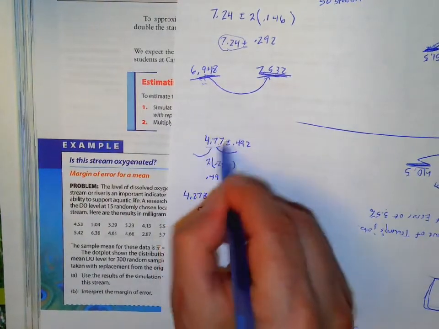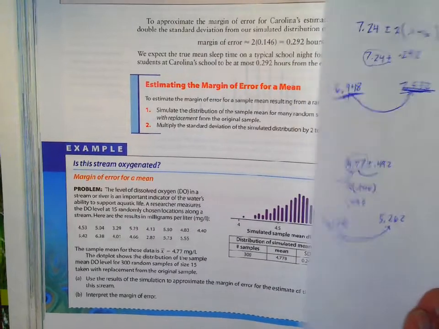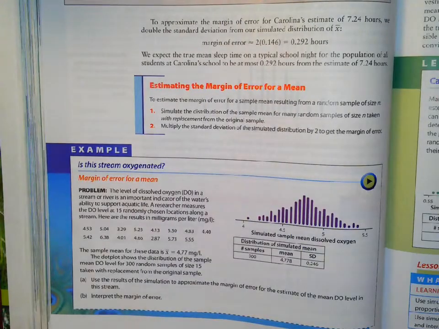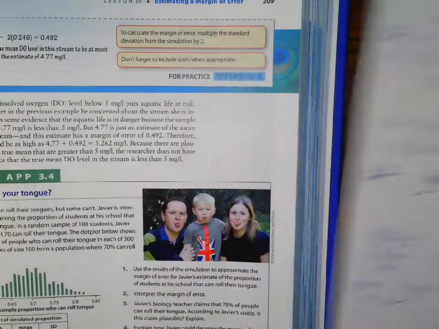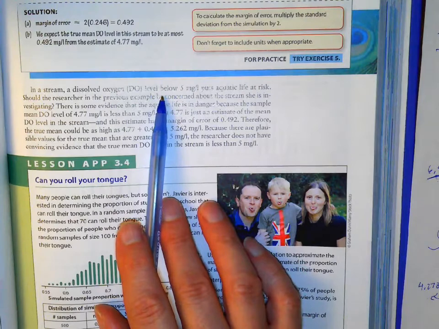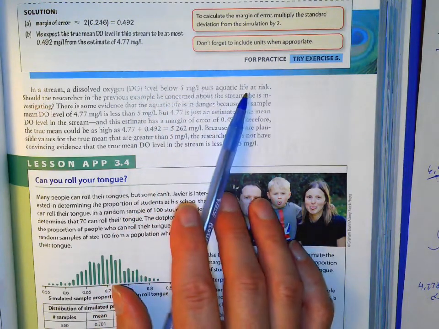Our samples gave us this mean, but we believe the whole river is going to be between here and here. Now what if we believe that the oxygen level below 5 puts the aquatic life at risk?